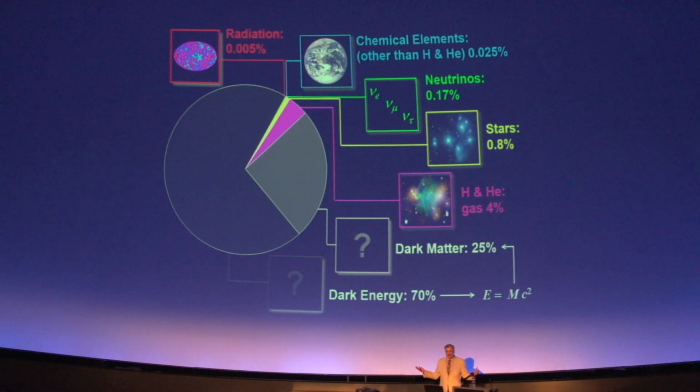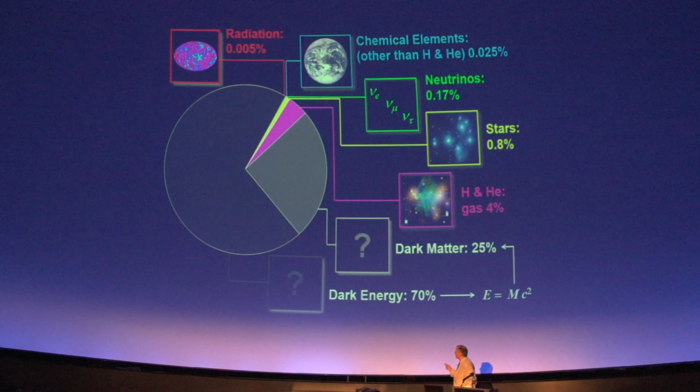Elementary particles known as neutrinos make up about a larger fraction than the chemical elements. Stars that astronomers look at, a little bit less than 1%. Most of the normal stuff in the universe is a hot gas of hydrogen and helium that makes up about 4% of the mass and energy in the universe.